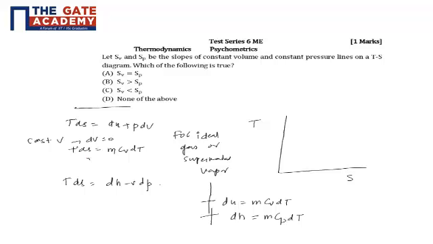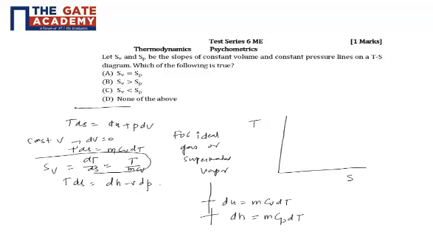I basically want dT by dS because that is the slope, dy by dx. When you're plotting in a TS diagram, y is T and x is entropy. So dy by dx is the slope. I need the slope. dT by dS is T by mCv. So that is your slope, S_V.